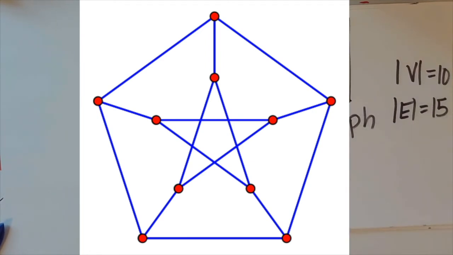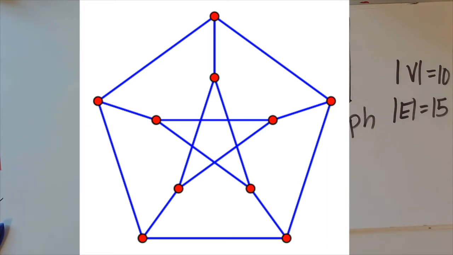Again, notice red and blue have been used here to emphasize to you that the vertices are clearly these 10 points, and so the places where the lines crisscross are not vertices unless there's a red dot there. Now, this graph is interesting for a lot of reasons. One of the reasons is that this graph is very highly symmetric.